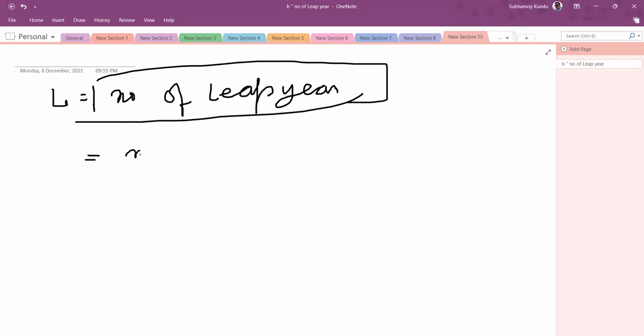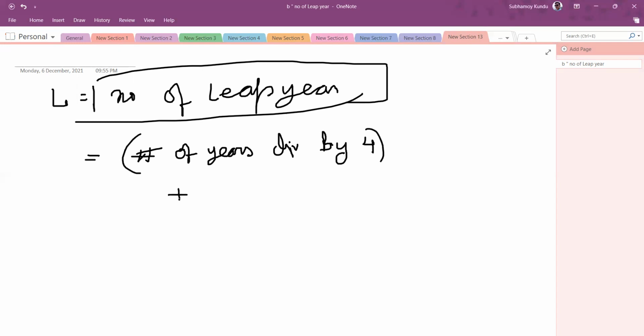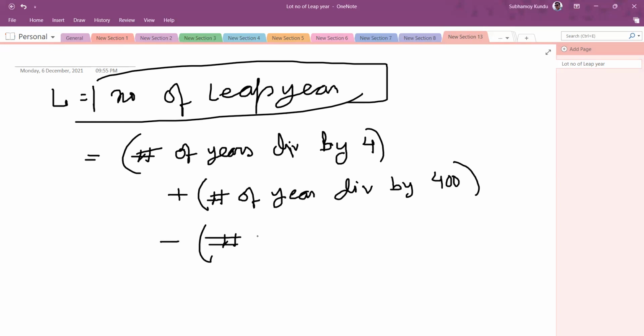So in this way we can write it down. The number of leap years is the number of years divisible by 4, plus the number of years divisible by 400, minus the number of years divisible by 100 as well.